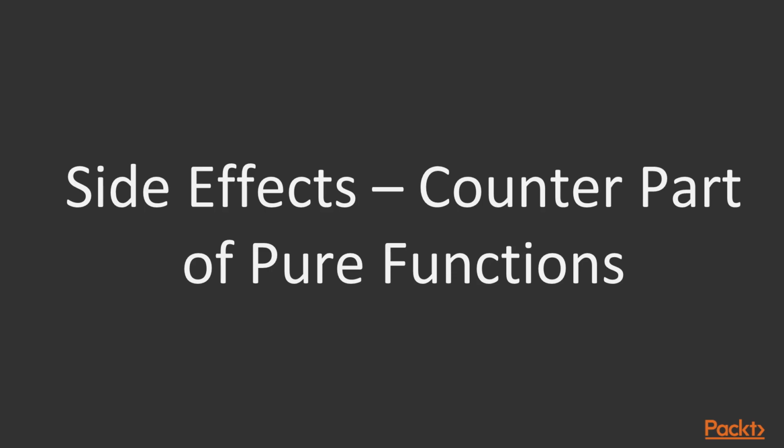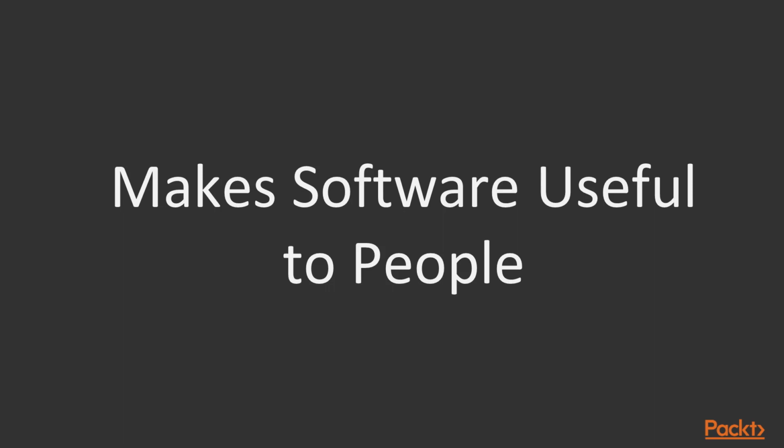These operations are what we call side effects, and the functions are side effect functions. These are what actually makes the software useful to people. Because if we only ever had pure functions, which can't read a file or output to the console or respond to an HTTP request, then no one would be able to see their work.